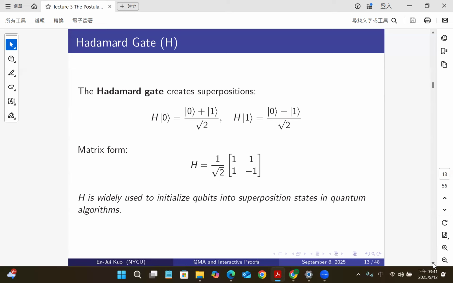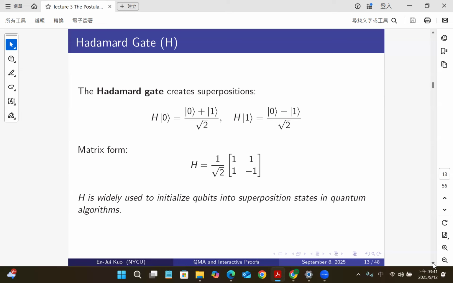But the plus state is the eigenvector for x, as we just saw. So H applied on plus is plus. Don't forget that H is unitary. One fact is that H squared is identity. One can check.